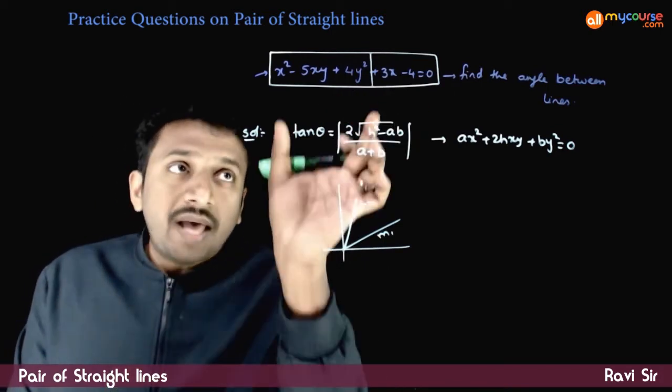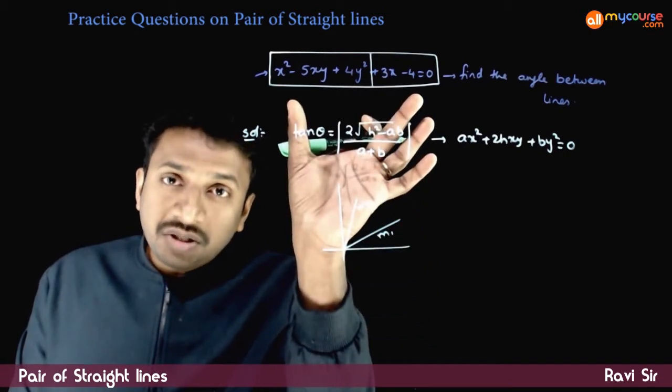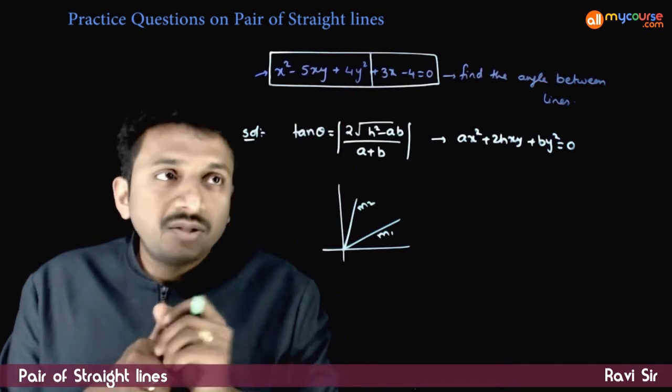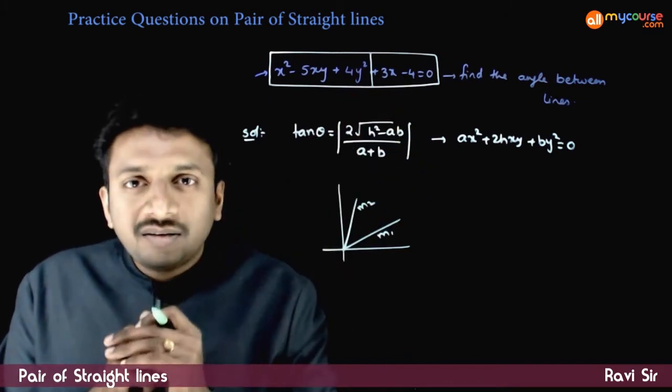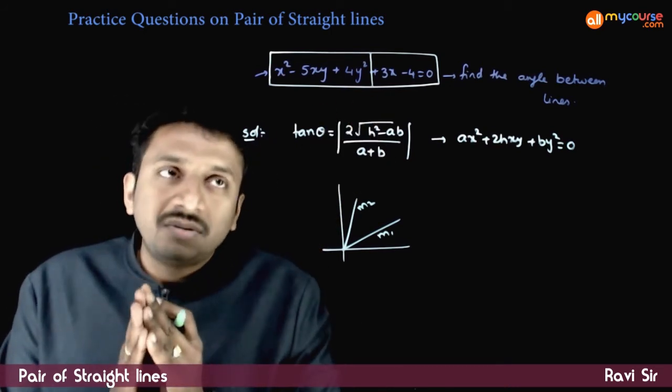So the angle between the lines, even in a non-homogeneous equation, is determined by the quadratic part. So we can use the same formula for the angle between the lines even for a non-homogeneous equation.